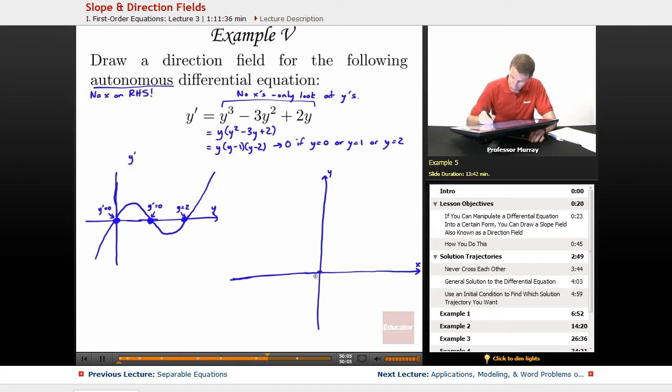So there's y equal to 0. There's 1. There's 2. And that means that wherever y is equal to one of those values, y prime is 0. So that means I have horizontal slopes there. So let me draw some horizontal slopes there. These are horizontal slopes.